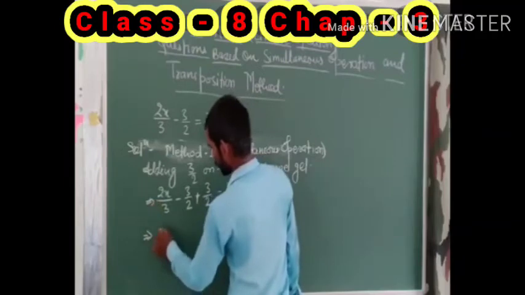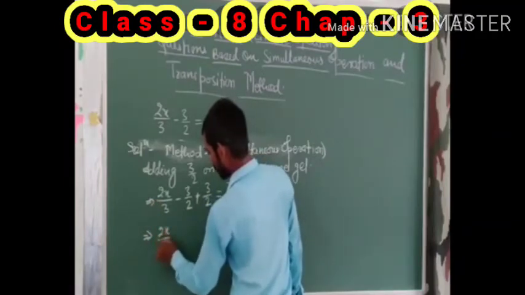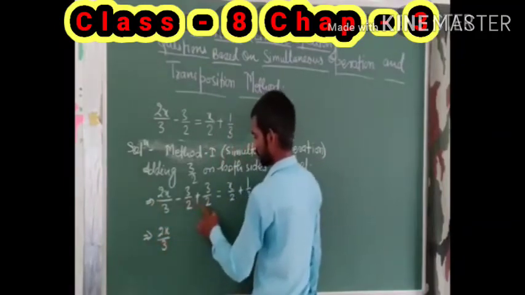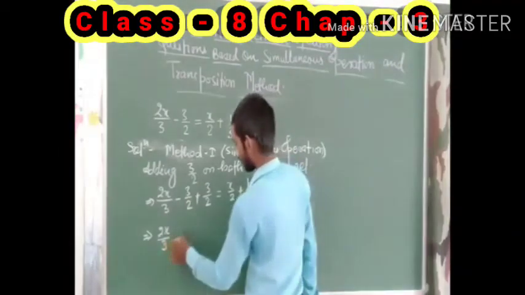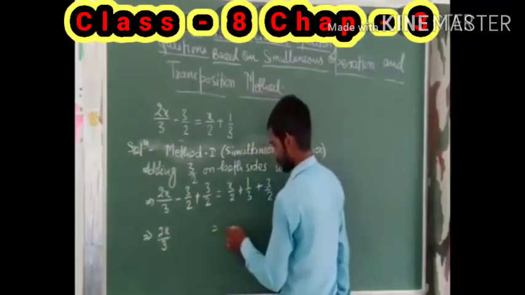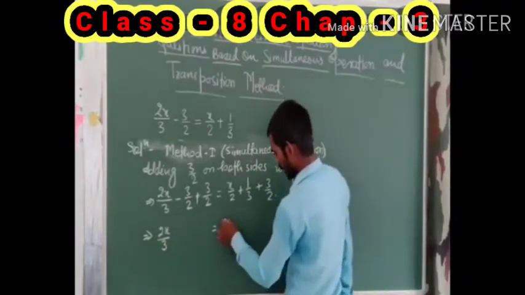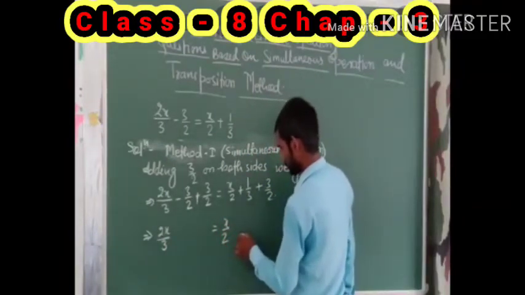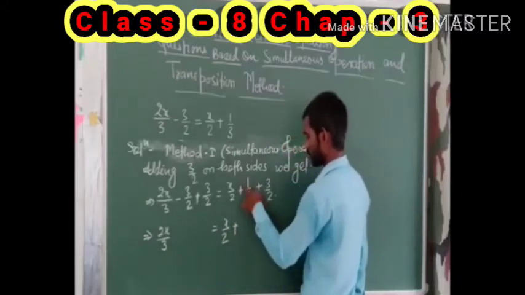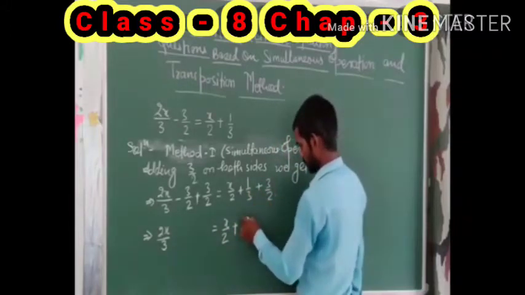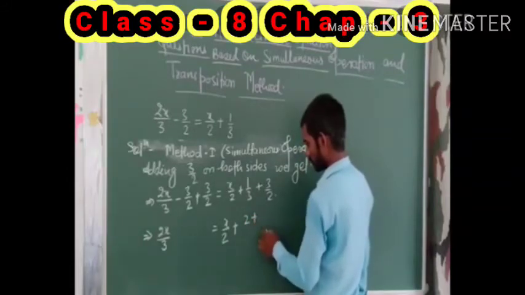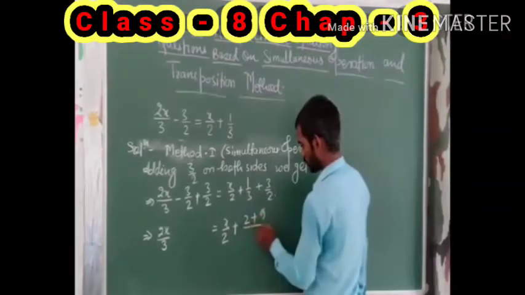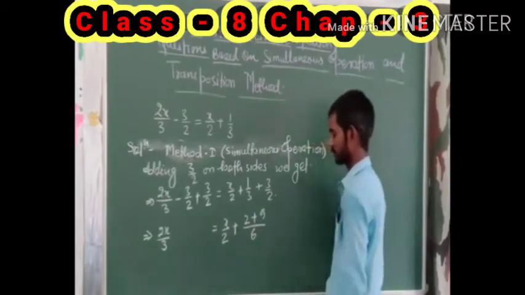This implies 2x upon 3 plus 0 is equal to x upon 2 plus, when we solve this, 2 plus 9 upon 6.